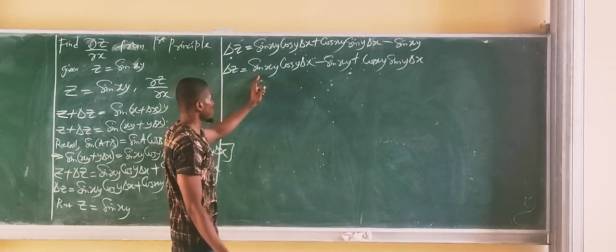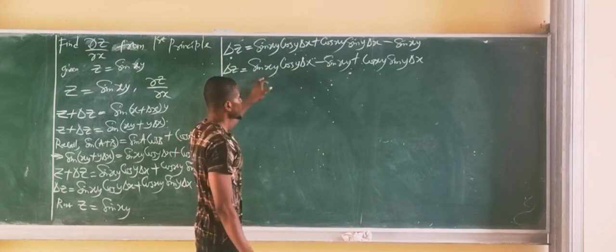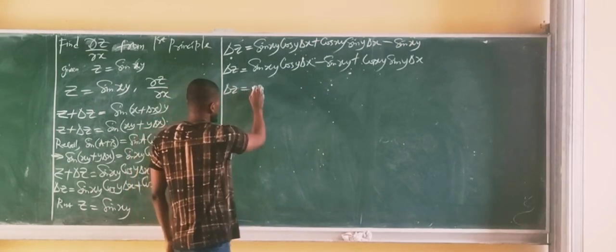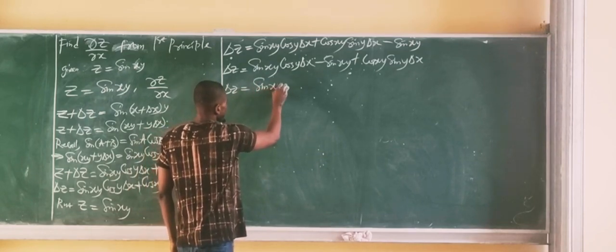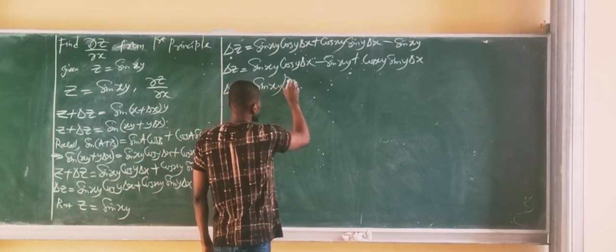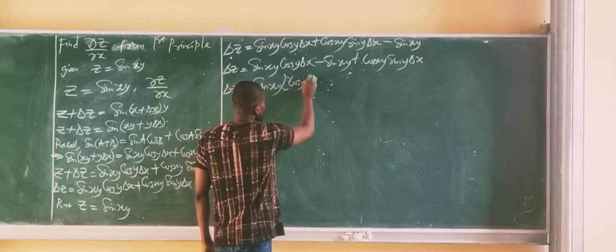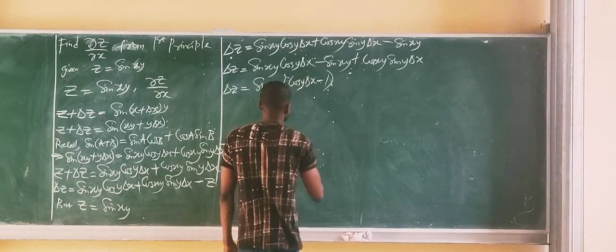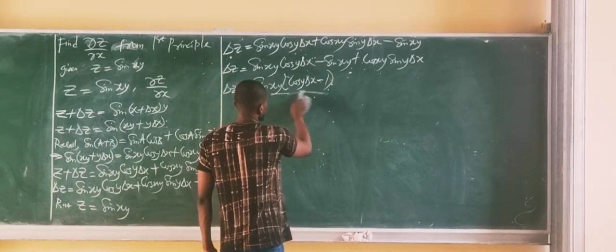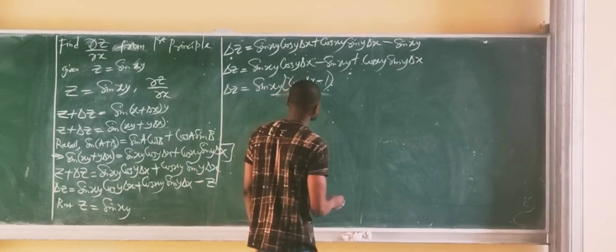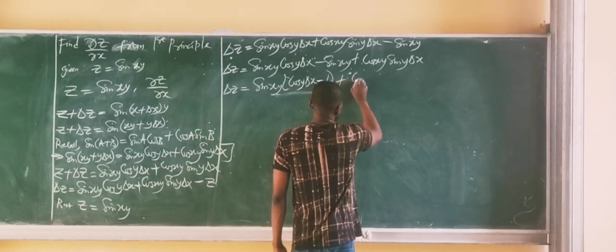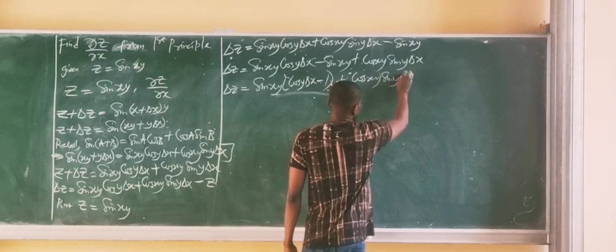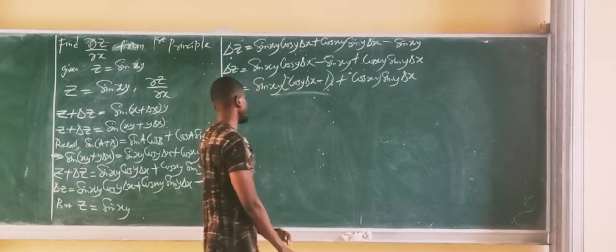So sine xy is common. If we factorize, we are going to have sine xy common, into cos (y change in x) minus 1, plus cos xy sine (y change in x).